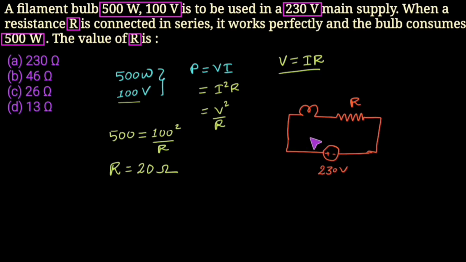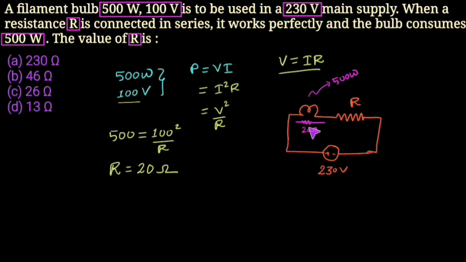In this assembly, again this bulb is consuming 500 watt. As we know, this bulb is representing a 20 ohm resistor.